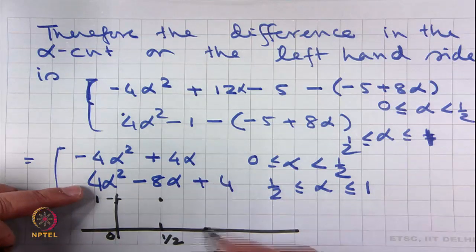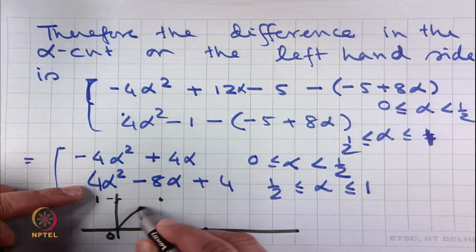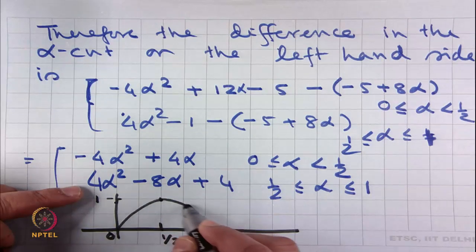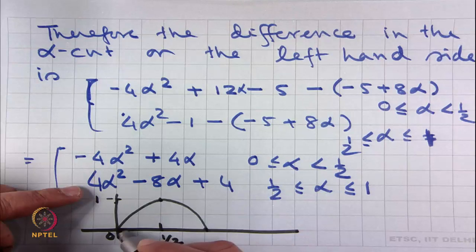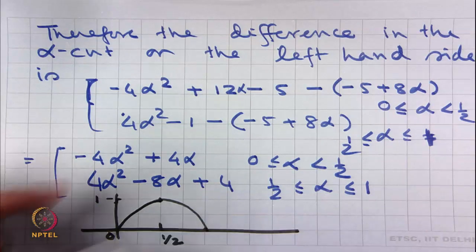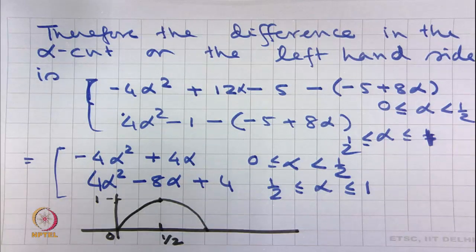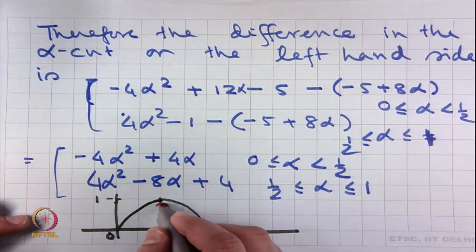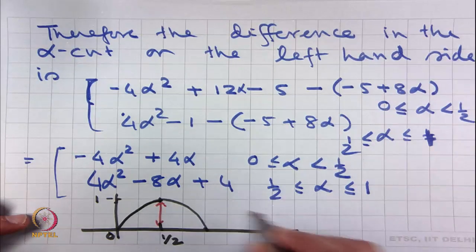So, this is an increasing function, here it is a decreasing function, and therefore, the maximum divergence that we get is at the point half, which is 1.